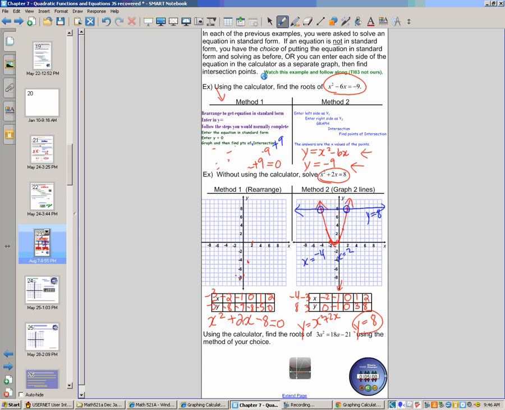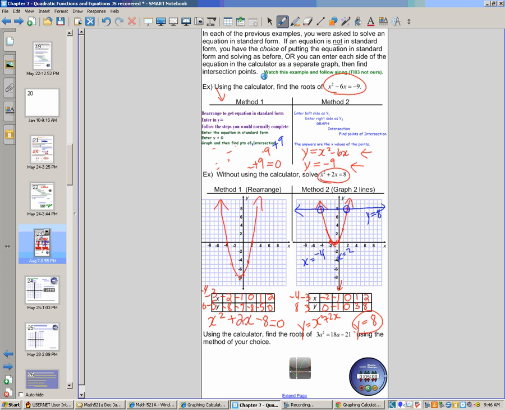So negative 3 and negative 5. Oops, sorry, that's way too high. Negative 3 and negative 5. And then negative 4 should be at 0. Okay, so here's the parabola.